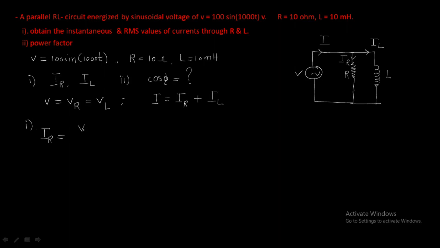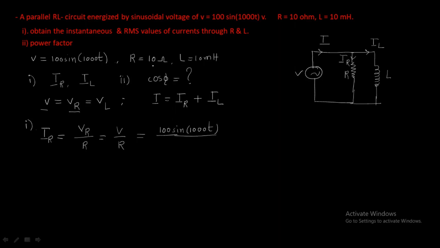VR is equal to V, so this is V by R. And what is the V value? V equals 100 sin 1000t. This is the voltage.